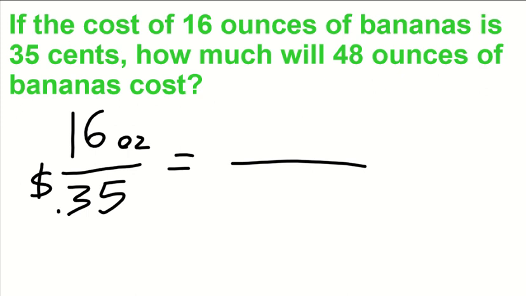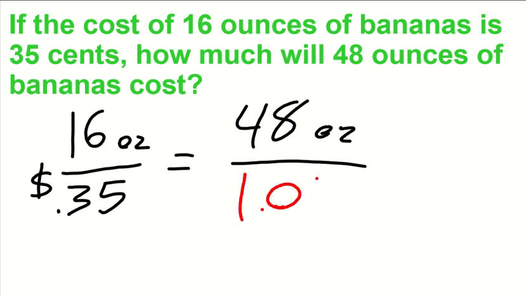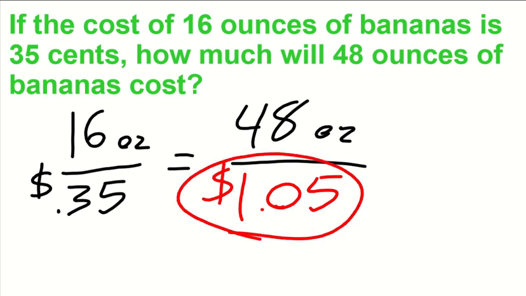You just got to make sure that matches any labels that you might have. And then we got 48 ounces. So when we cross multiply the 35 cents times 48, divide by 16, like she said, that gives us $1.05. Any questions? All right.